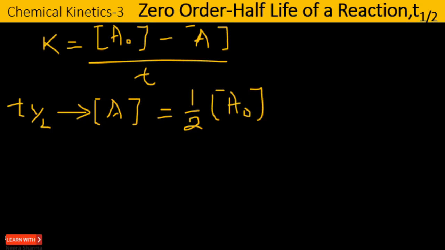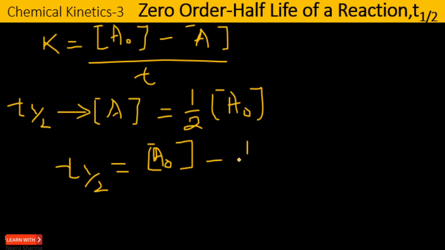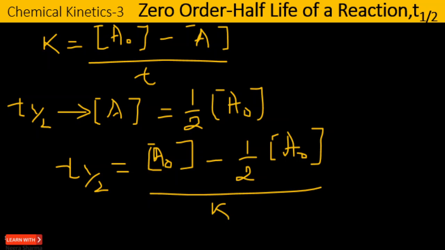So if we substitute here, we will get t half is equal to A naught minus half A naught by K. So we have t half is equal to A naught by 2K.